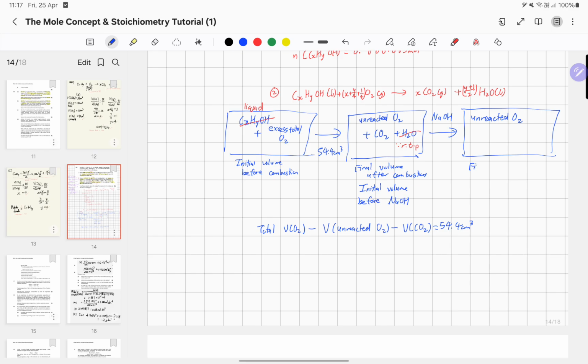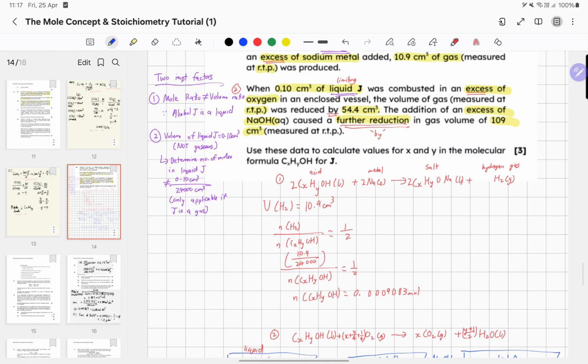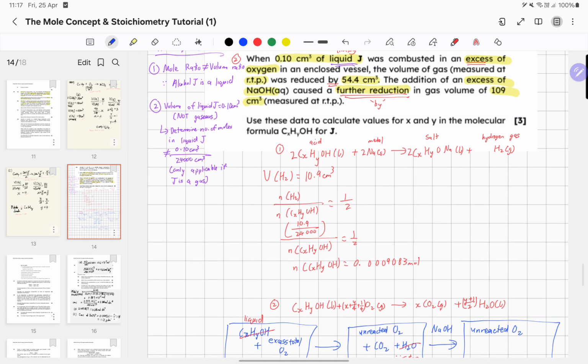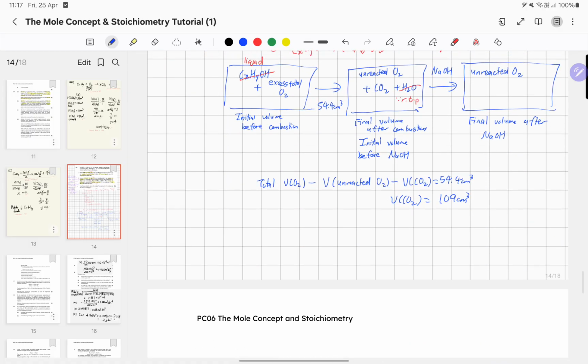This is the final volume after NaOH. Okay, so when you compare, you realize that it's only the volume of carbon dioxide gas, which represents 109 cm3. After all, if there's a reduction of gas after adding NaOH, it means that the acidic gas is being absorbed, which is CO2 over here.